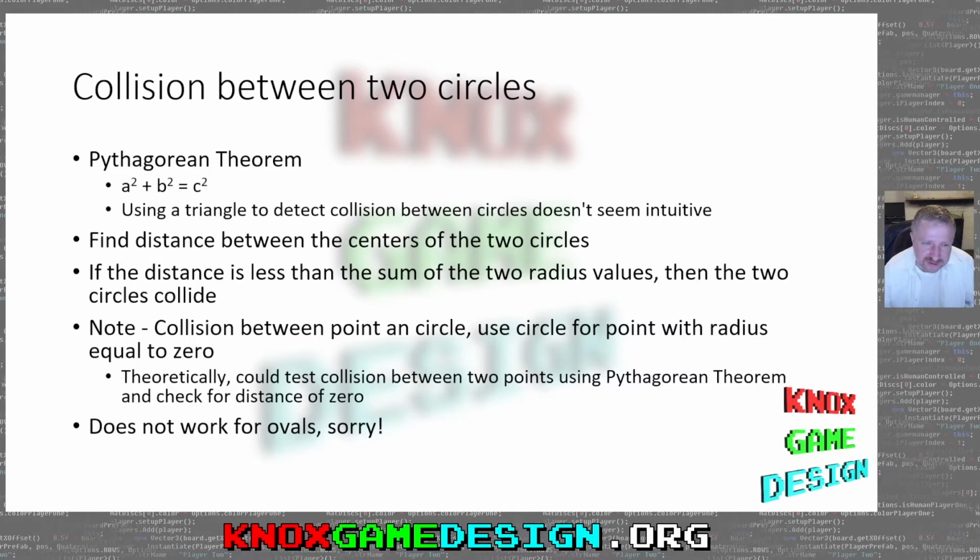I'll say up front, it doesn't matter whether the differences are positive or negative, because once they're squared, they become positive. So you don't have to worry about taking the square root of a negative number, since those two values are squared, which will always result in a positive value.